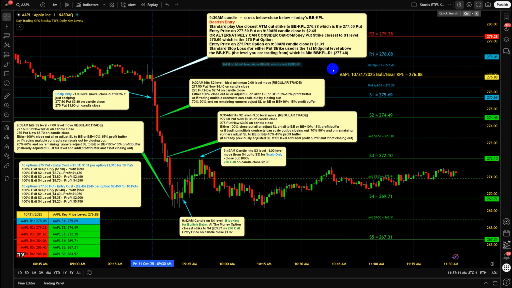However, on options, there's only some brokers that allow you to put a stop loss on options based on the price of the underlying, meaning what price is the underlying stock or ETF trading at, or in the case of SPX, what price is the underlying SPX index trading at.